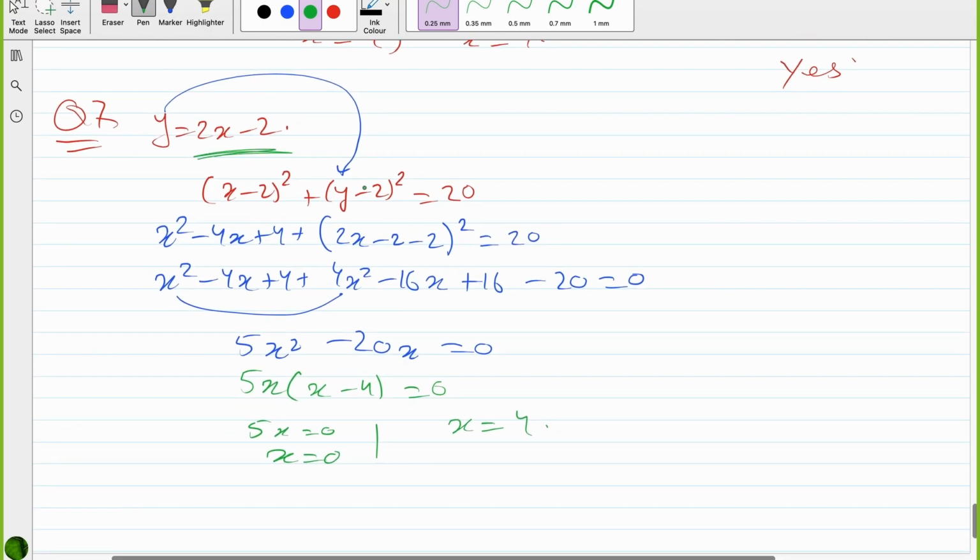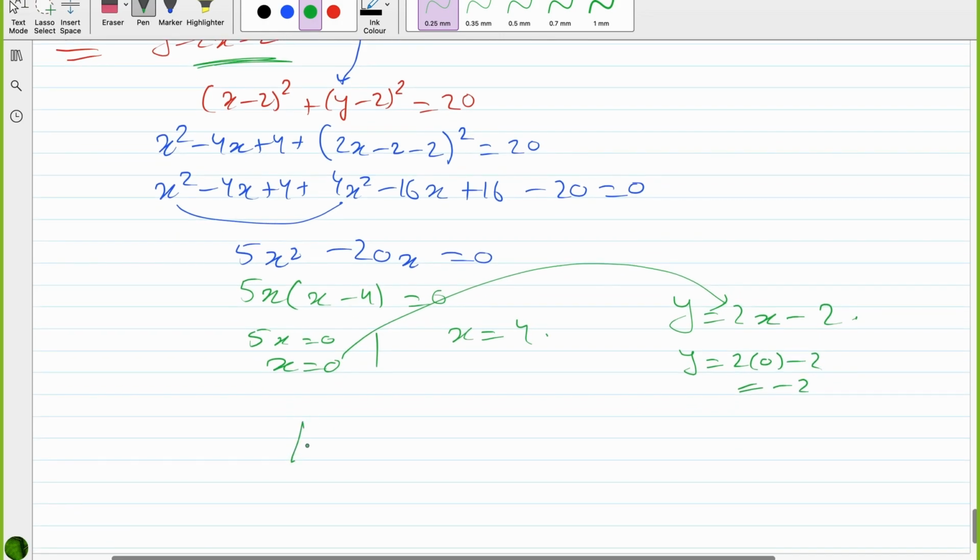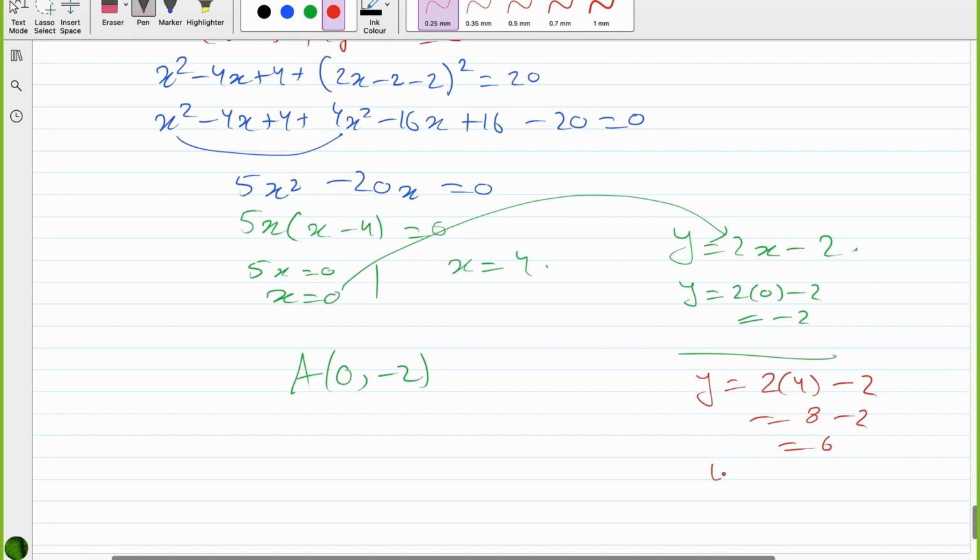Y was equal to 2x minus 2. In case when x is 0, y is equal to 2 into 0 minus 2 is equal to minus 2. So let's say A is x 0 and y minus 2. For B, y is equal to 2 into 4 minus 2 is 8 minus 2, 6. So x is 4 and y is 6.